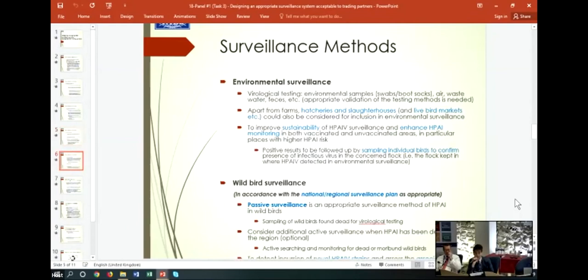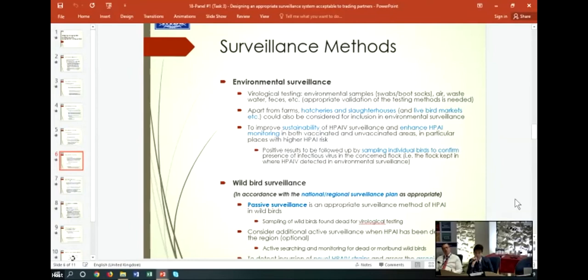Considering the manpower and resource implications, for example, to collect samples from live birds, as well as to conduct farm inspections, that may come with the surveillance methods that I have just mentioned, environmental surveillance may be considered as another option to improve sustainability and operability of the surveillance system for the veterinary services, especially when preventive vaccination has taken place in areas with dense poultry population.